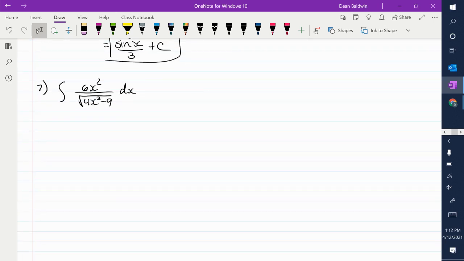It's 4x cubed minus 9. So what do you want to sub out? Why? It's technically the brackets, but what's the derivative of 4x cubed minus 9? I actually don't care about the actual derivative. All I care about is what happens to this exponent. It'll turn into a 2, which will minus 9, right?